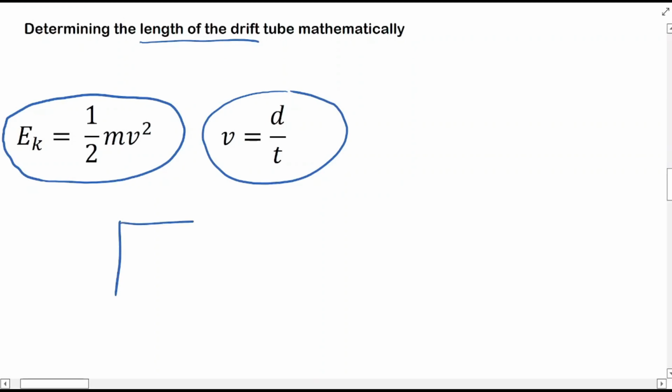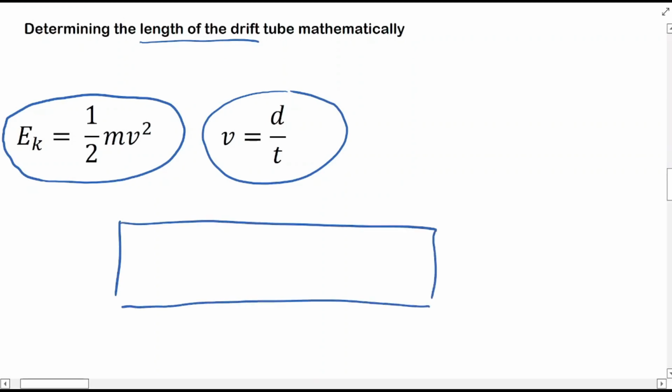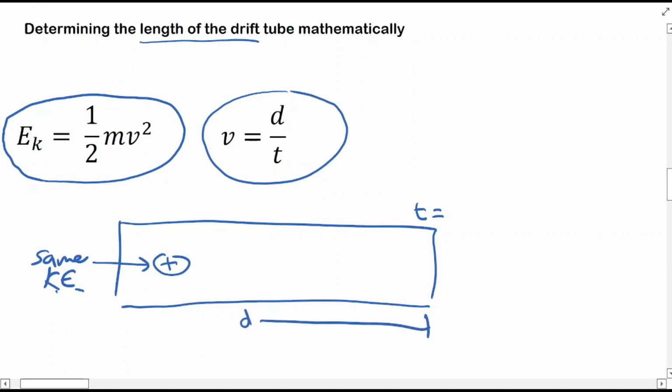So here's our drift tube, and we know that ions are entering it with a +1 charge, and that they all have the same kinetic energy, or EK. Then if they give us the time, we can work out the distance of the tube. That's the kind of question they can ask us.